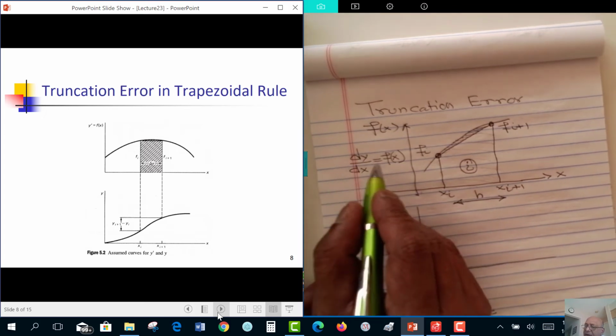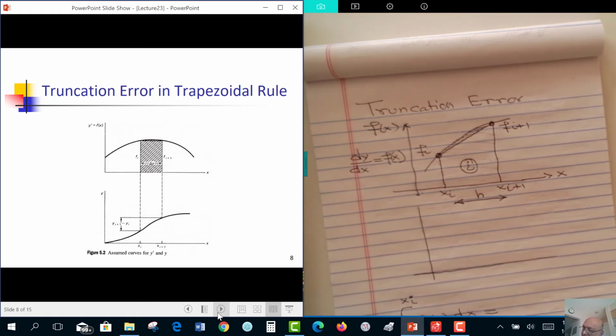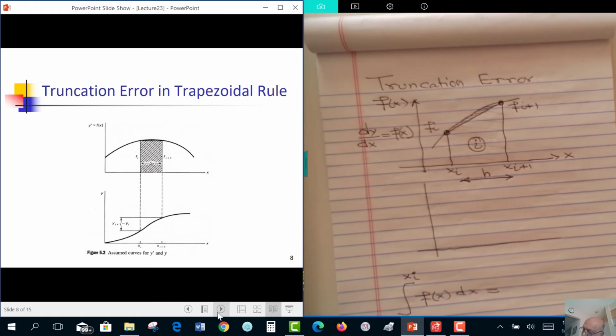So let's suppose our function was dy dx, then dy is f(x) dx. So if we integrate both sides from xi to xi plus 1, this would be yi and yi plus 1. So when we integrate it, we'll get yi plus 1 minus yi.